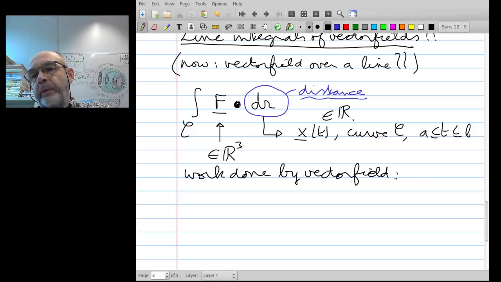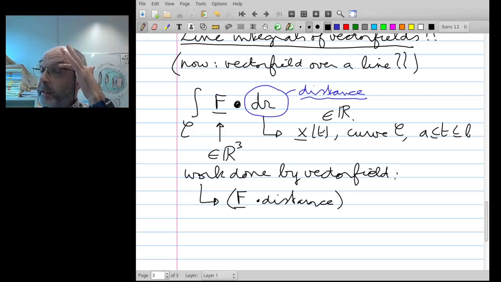And the work done by a vector field, work is always a vector field times distance. So vector field times distance gives you the work. This is not nicely written down, but just for the idea. So you are calculating the work done by the vector field.